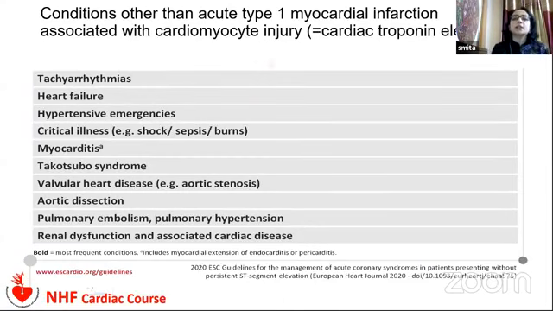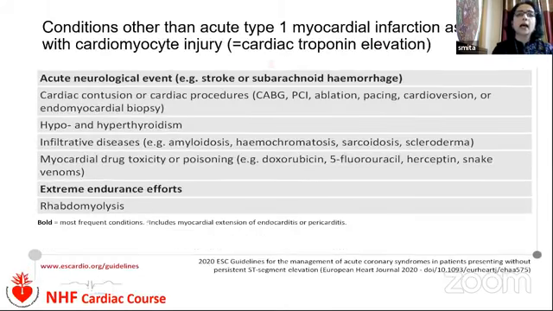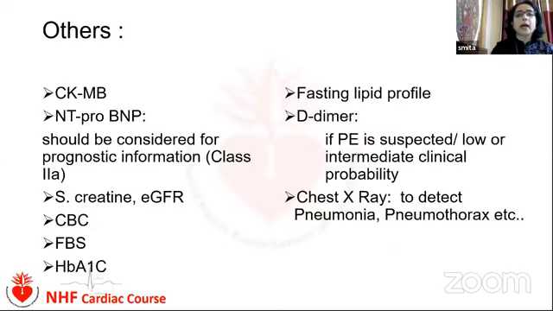There are a number of conditions where cardiac troponin can be elevated; among them heart failure, chronic kidney disease, aortic dissection, valvular heart disease and arrhythmias are important, and also some neurological conditions. To differentiate between these, there are a number of investigations like creatine kinase myocardial band, N-terminal pro-BNP and serum creatinine with eGFR.